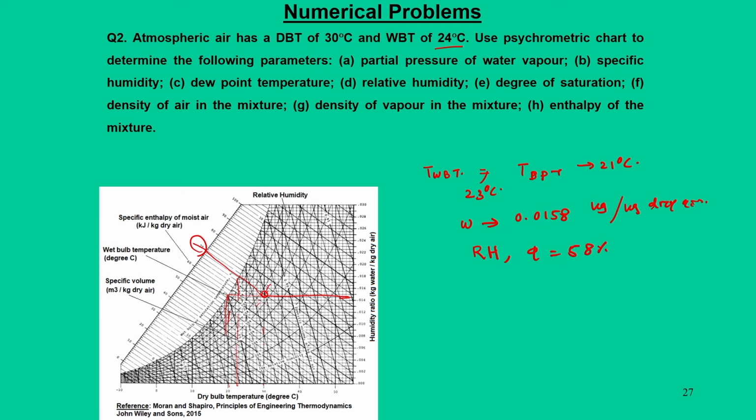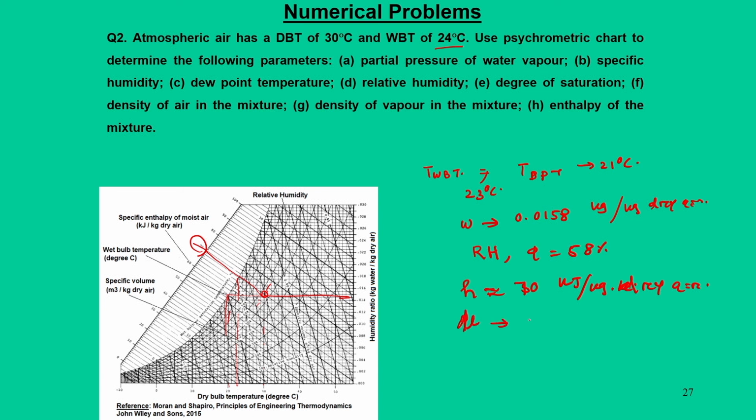So, you can say, and what else, enthalpy of the mixture is approximately 70 kilojoule per kg dry air, and of course, we can know the specific volume. So, specific volume at this line, 0.09, 0.08, so the specific volume, or we can say density.